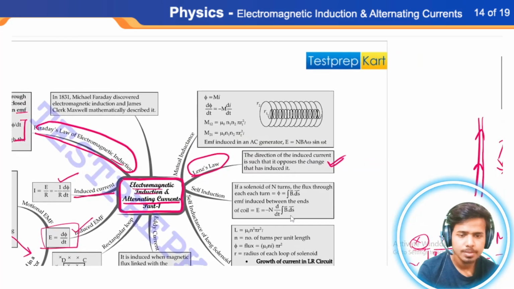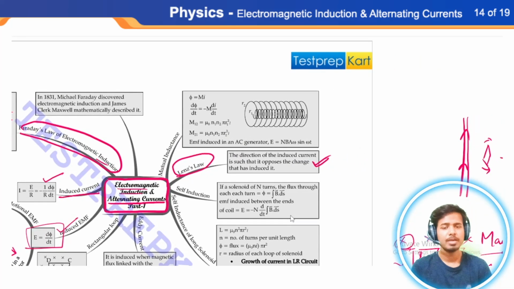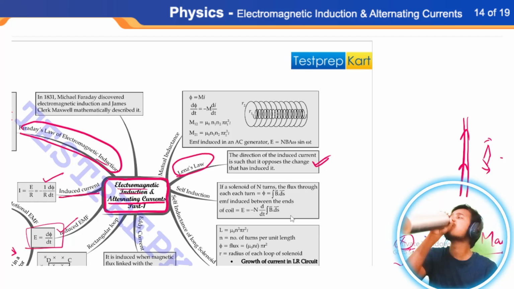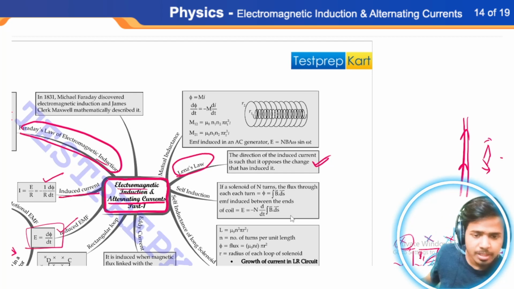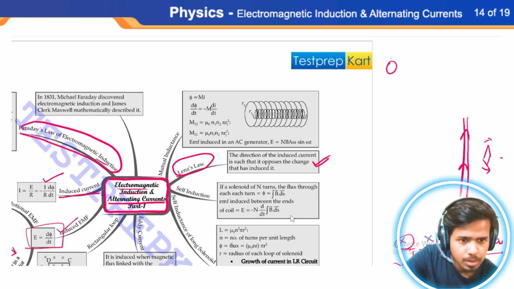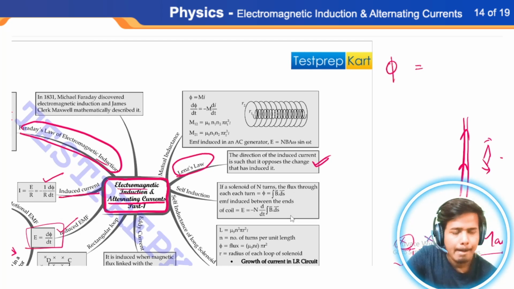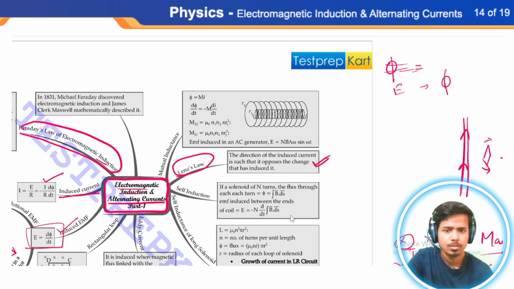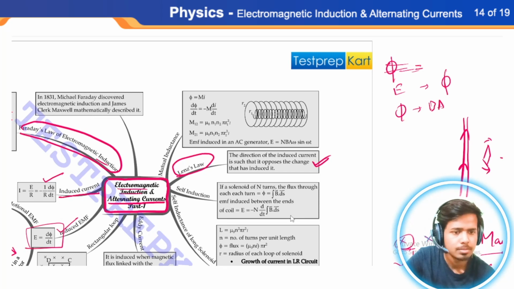Now, until now what we have discussed is, flux in the form of B into area.